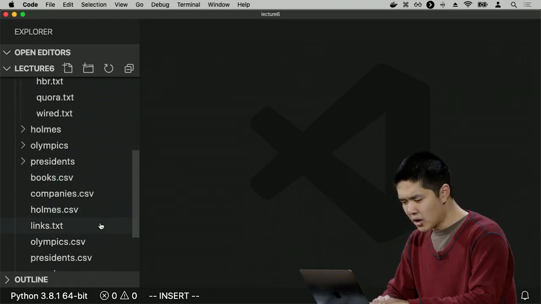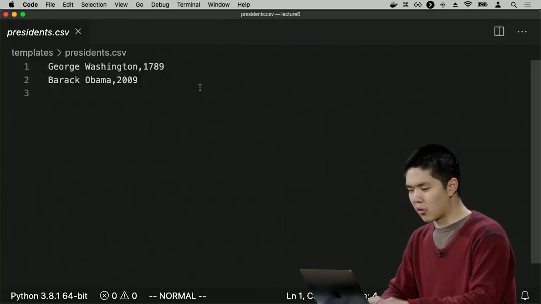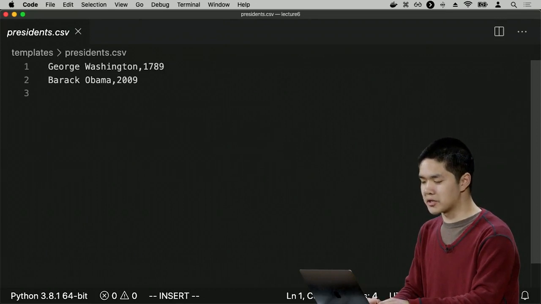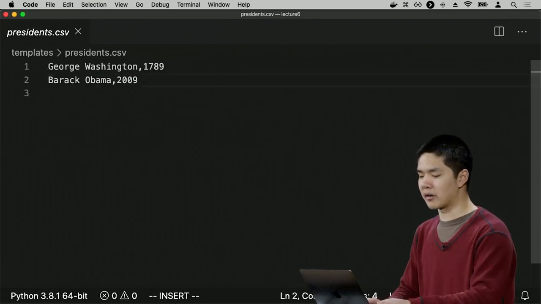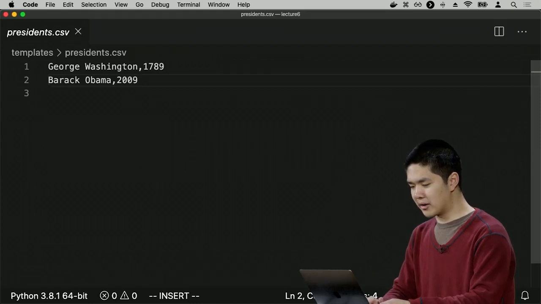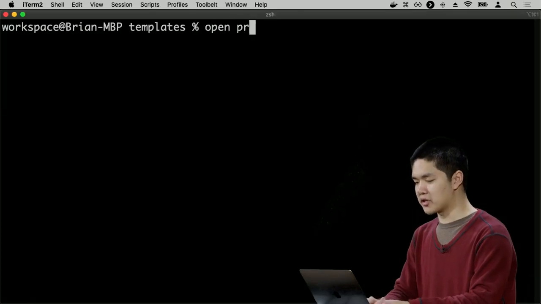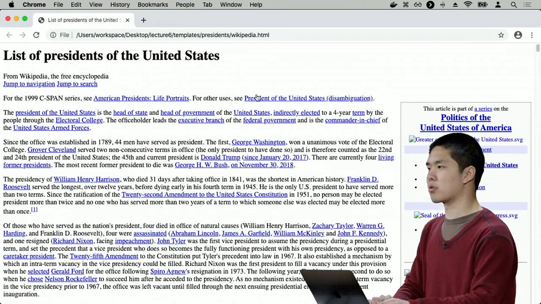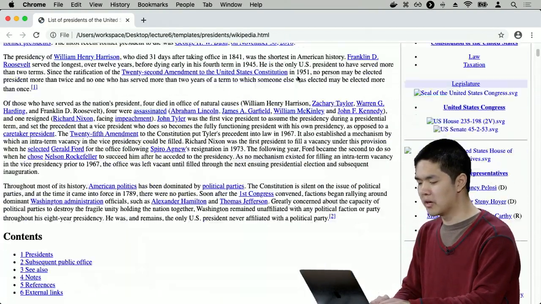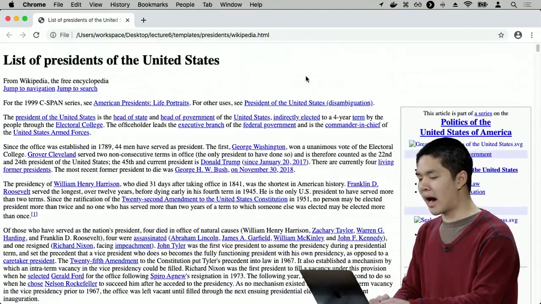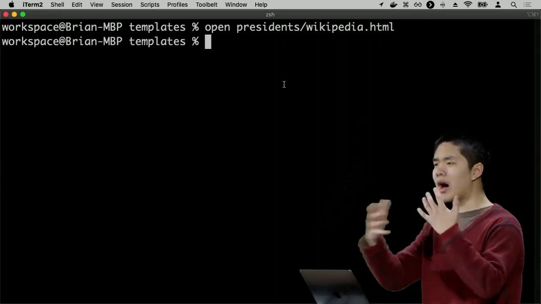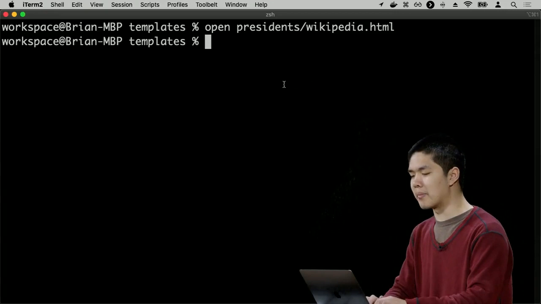And then I'll show you presidents.csv, where I have two presidents and their inauguration dates. So George Washington, 1789, Barack Obama, 2009, for example. And I also am going to give our AI a corpus that just contains a single document, which is the Wikipedia article for the list of presidents of the United States, just information about presidents. I'd like to extract information about the presidents from this raw HTML document on a web page.